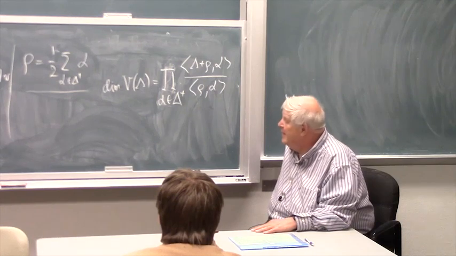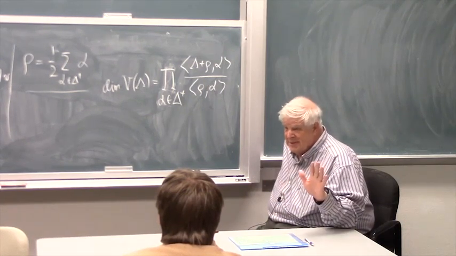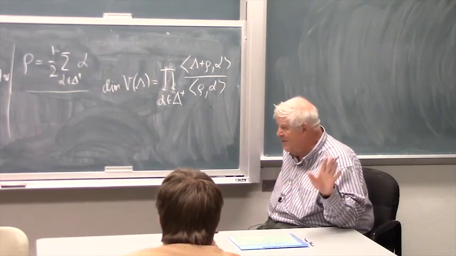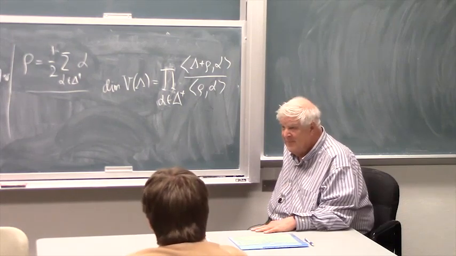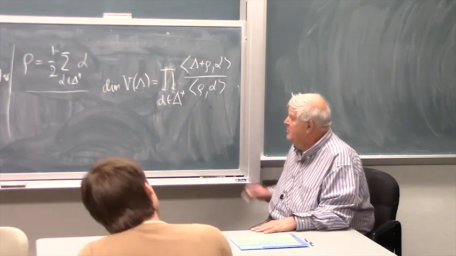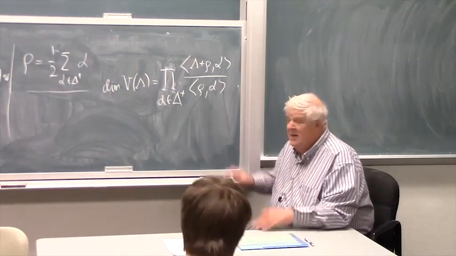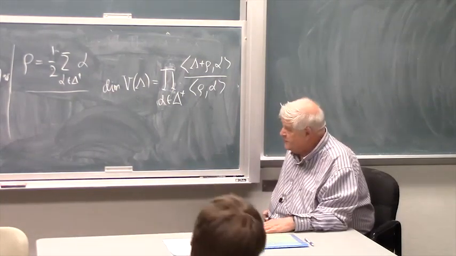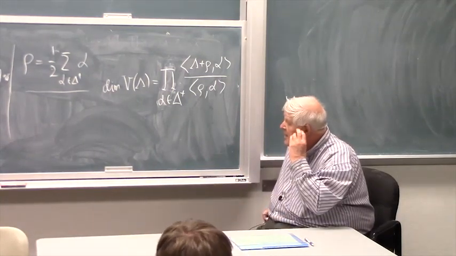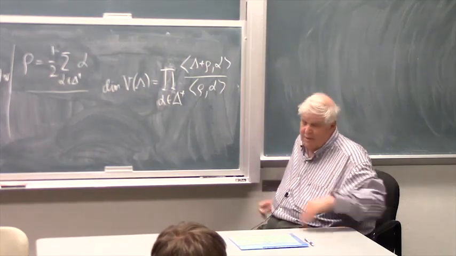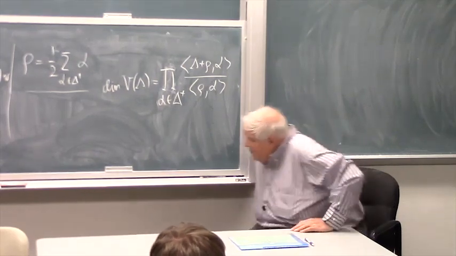But certainly it is not my subject, so I don't know it, and if you know it, that's okay. So this formula, let me make a couple of brief comments on it.